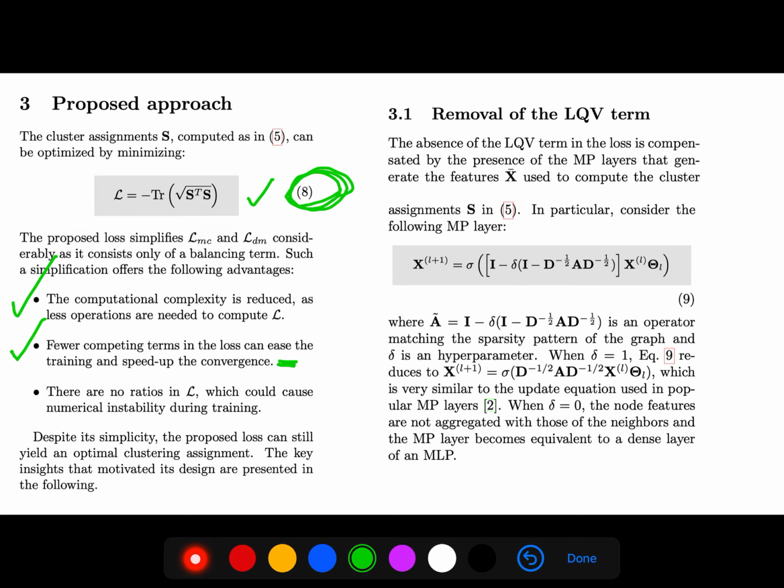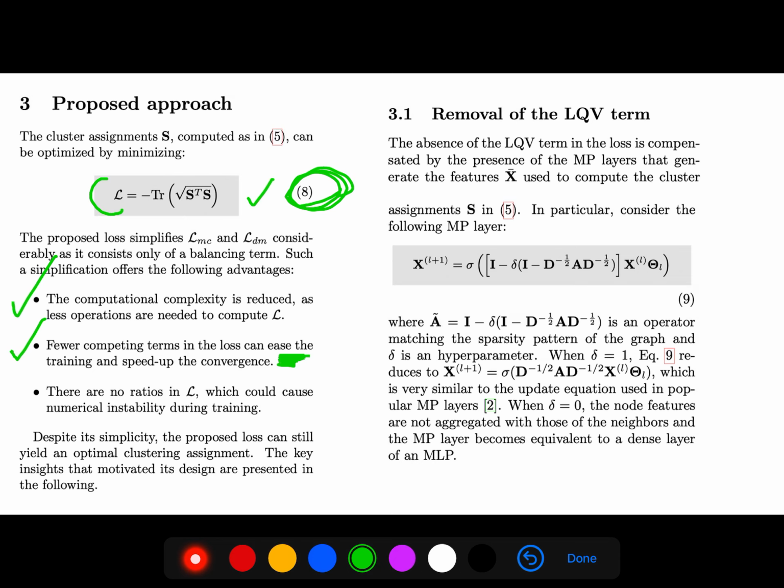This was one of the things that the DMoN article was criticizing them for, saying that your algorithm is too slow for training on large graphs. So maybe this was the motivation of their paper. This paper is the motivation to answer them that no, we can have fewer competing terms in the loss if we just use this as an extra loss.